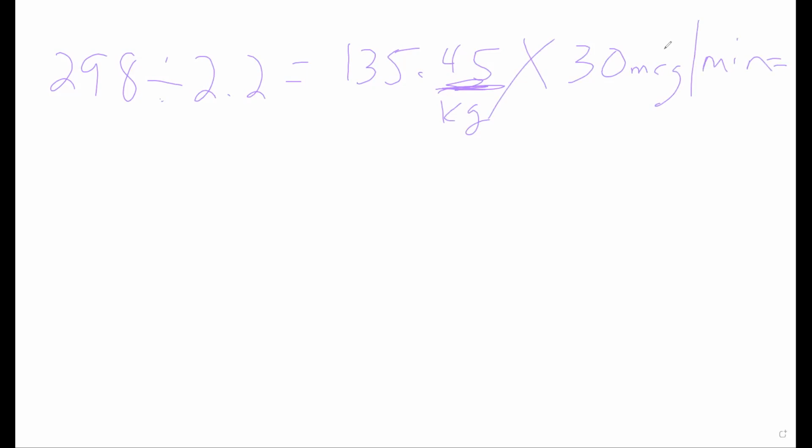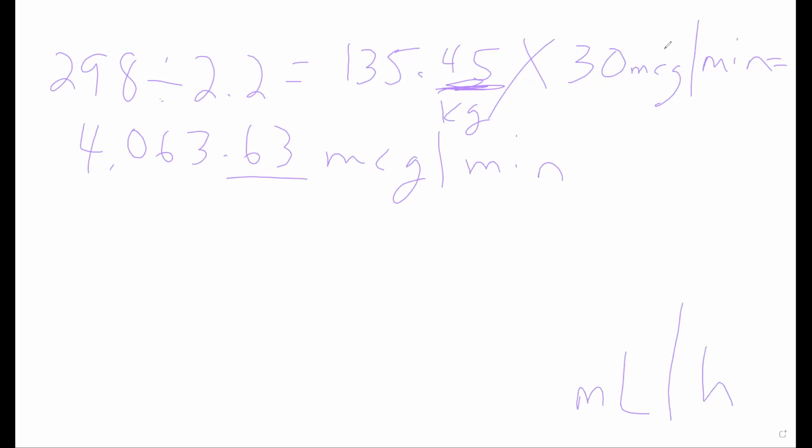And that should have gave you 4,063.63 infinity micrograms per minute. Now remember, it's asking us for mLs per hour, and what we have on hand is 4 milligrams per ml.